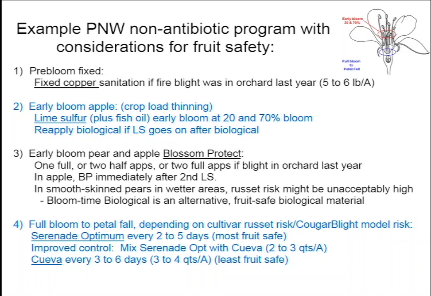So if you have a neighbor that's really dirty, even if you're pretty clean, if you could get all your neighbors together to put this copper application on in an area-wide manner, I think that would be a pretty good strategy overall.